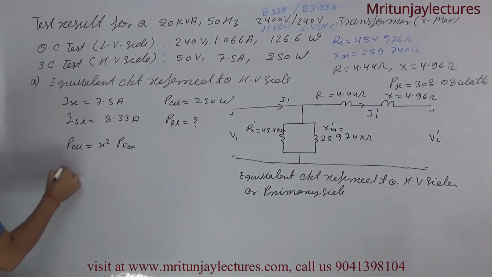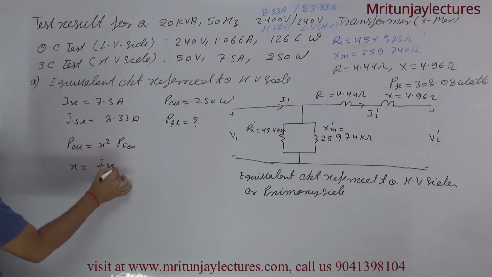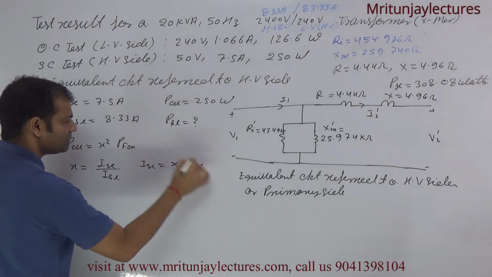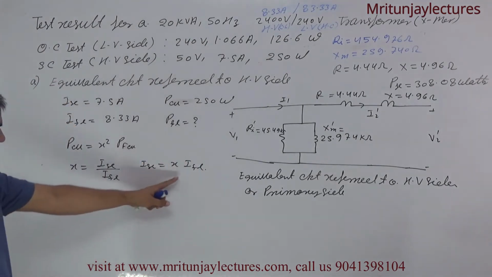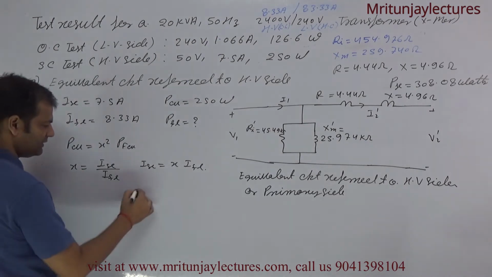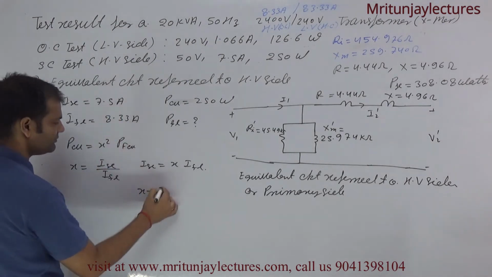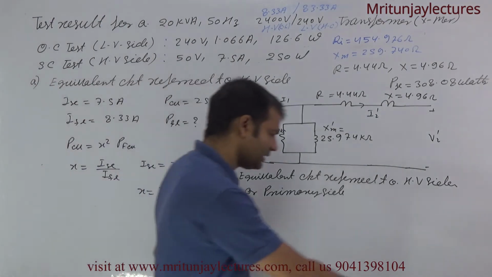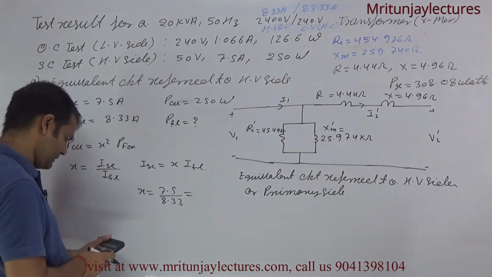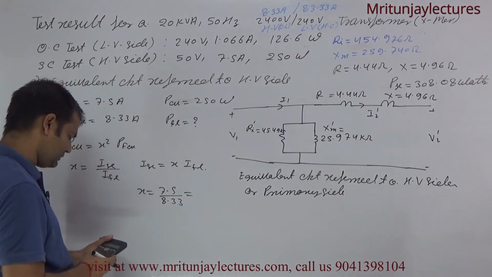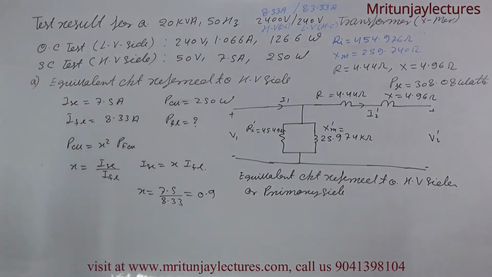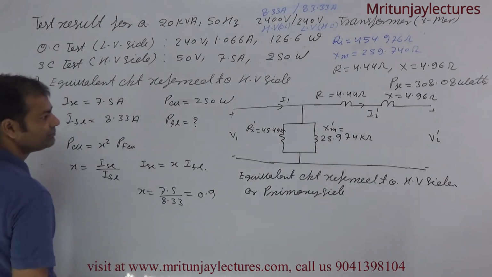What about x? x is written as ISC divided by I full load. With the help of this formula, determine x. ISC is 7.5 divided by 8.33, that is 0.9.